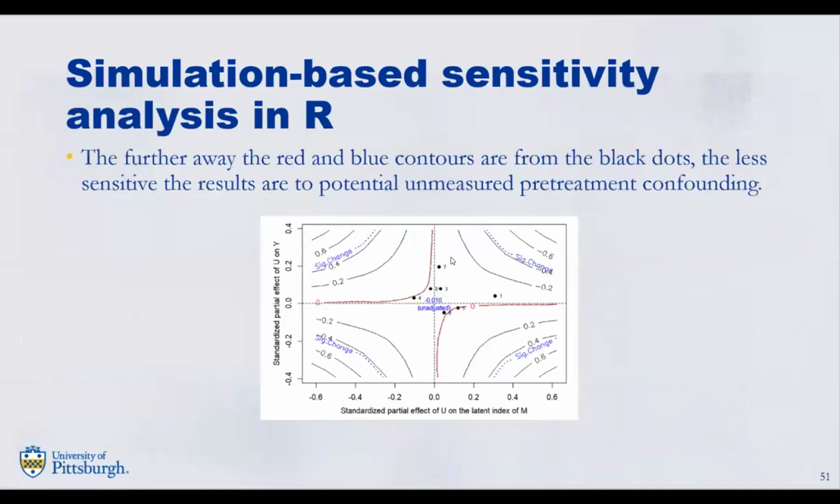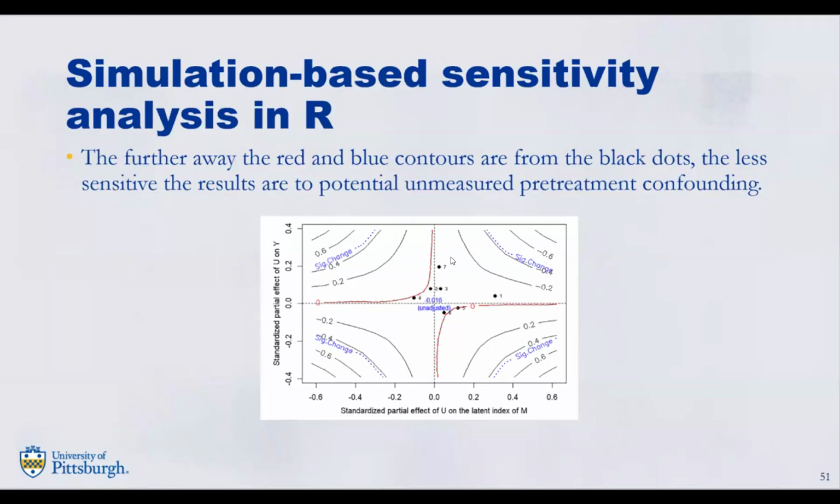And in this slide, I want to further emphasize the essence of the plot. The further away the red and blue contours are from the black dots, the less sensitive the results are to potential unmeasured predetermined confounding. So this sentence emphasizes how to read this plot.